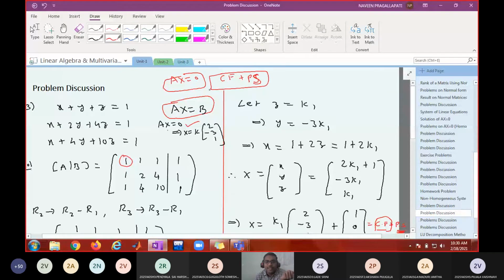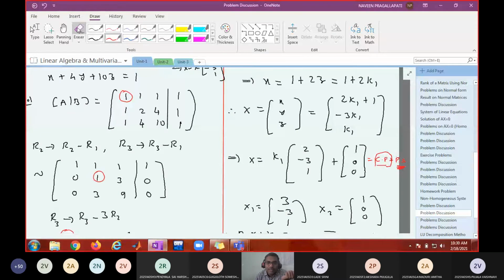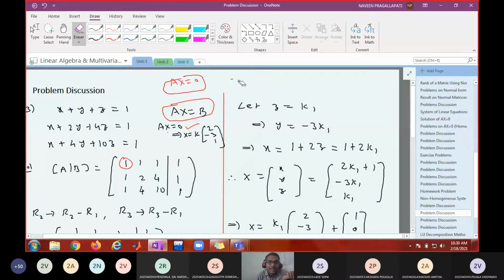You are going to get the general solution of the non-homogeneous system. Is it okay? So this is linear algebra, that is calculus, but what a similarity between these two. Wonderful, right?